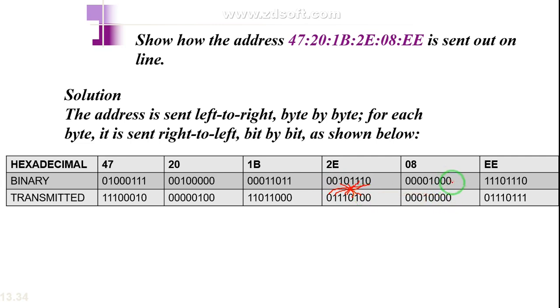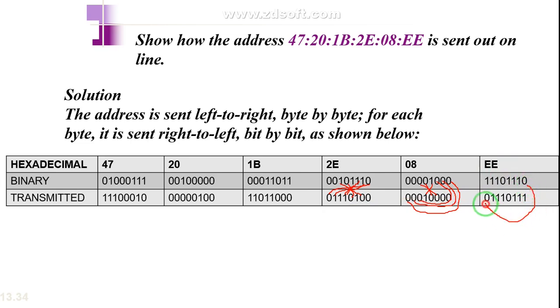Getting it? Similarly, we first transmit this 0, then this second 0, then this third one, then this 1 has been transmitted. Then one by one, these 0s have been transmitted. And similarly, we transmit this right to left, with each bit being sent.